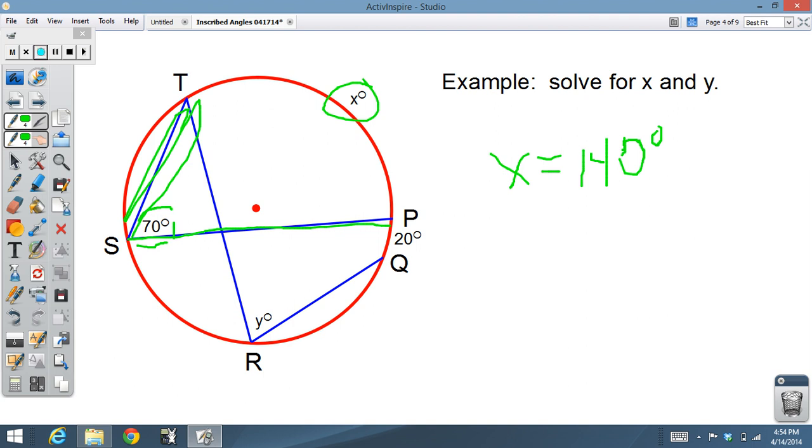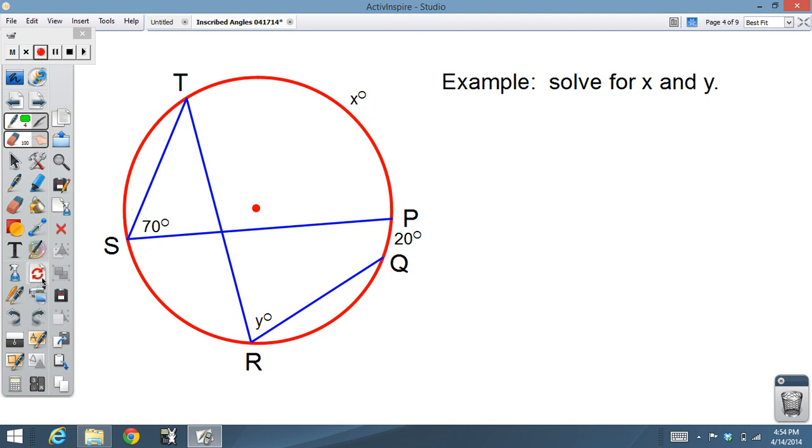All right, so if X is 140, let's just clear it all off. X is 140 degrees.